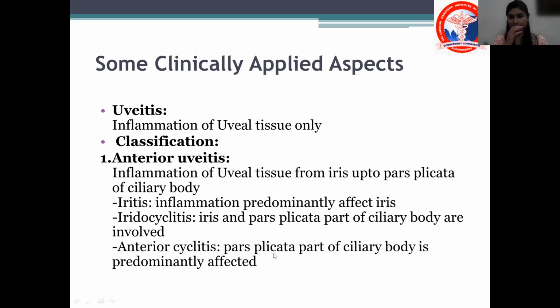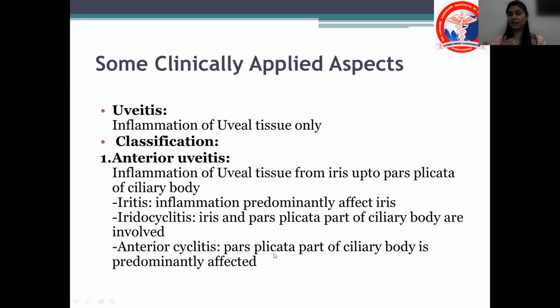Some clinically applied aspects. The inflammation of uveal tissue is called uveitis. As we have seen in the previous lectures, inflammation of the conjunctiva is called conjunctivitis. The inflammation of the uvea is called uveitis. The classification varies according to the anatomy, position, and the part of involvement.